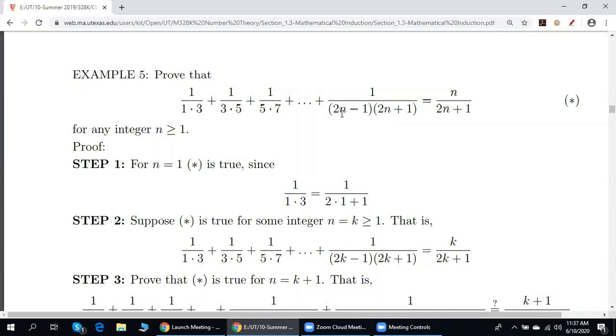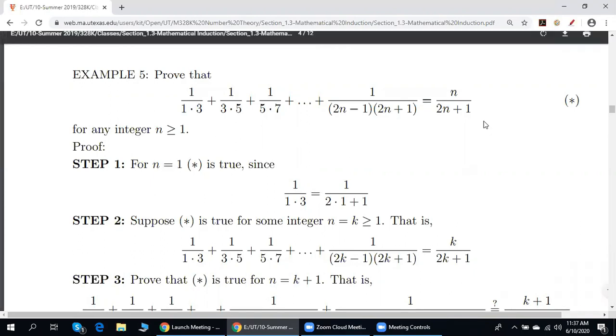Indeed, if you replace n by 1 here and here, this expression becomes 2 times 1 minus 1, which is 1. This expression becomes 2 times 1 plus 1, which is 3. So, if n is equal to 1, the bottom here is 1 times 3. Therefore, if n is equal to 1, the left-hand side consists of just one term, this term.